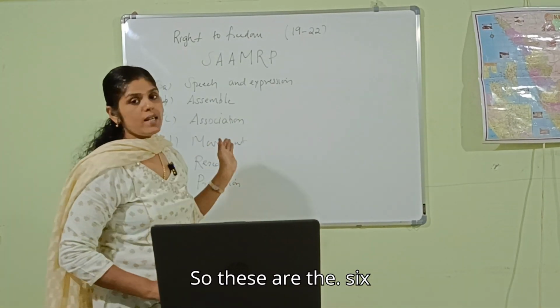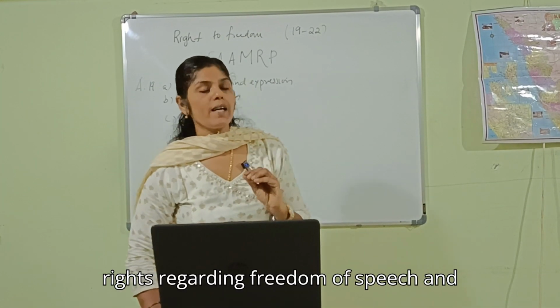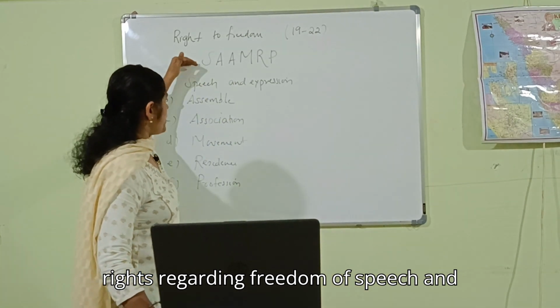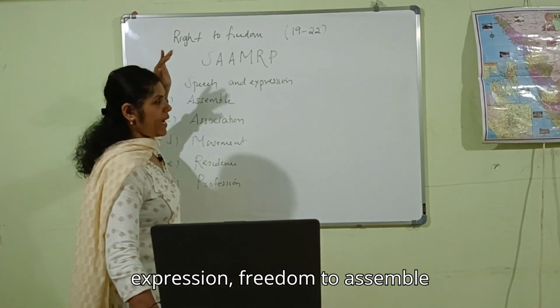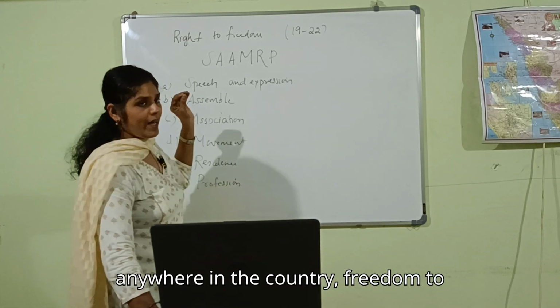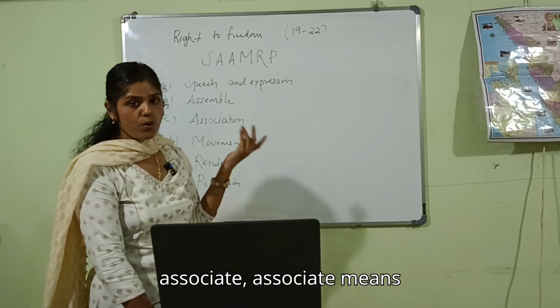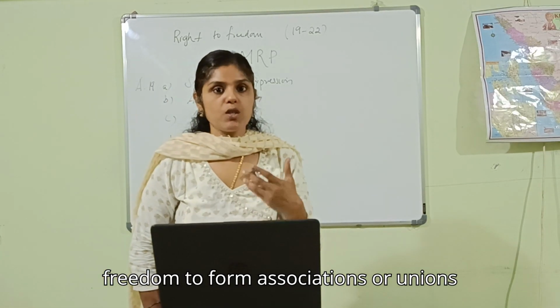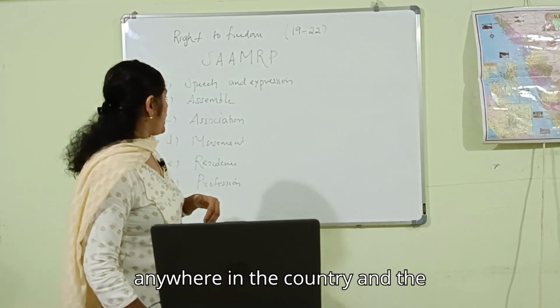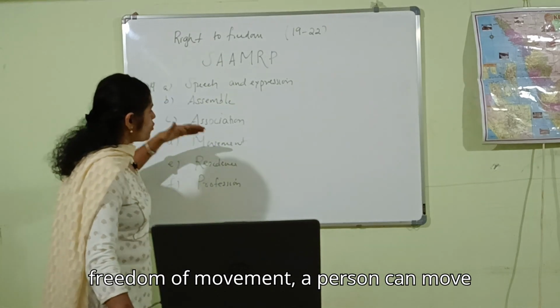So these are the 6 rights regarding freedom: freedom of speech and expression, freedom to assemble anywhere in the country, freedom to associate. Associate means freedom to form associations or unions anywhere in the country, and the freedom of movement.